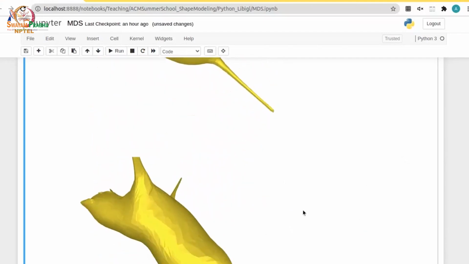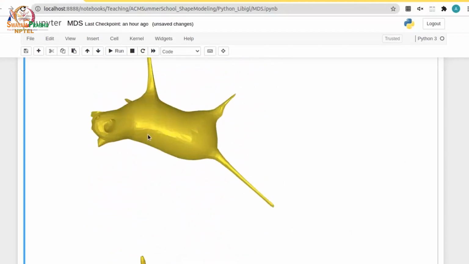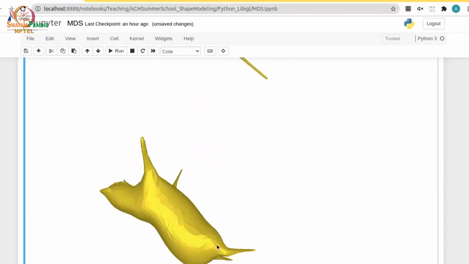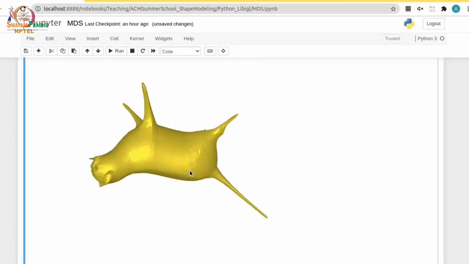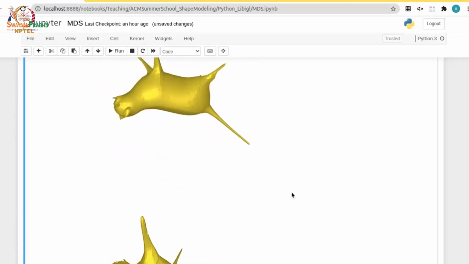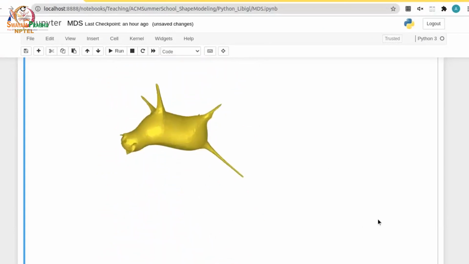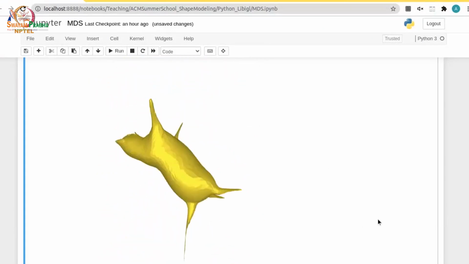For example, on the back, this looks fairly flat, while here it's still a little curved due to the deformation, but it's still trying to stretch it and bring both of these poses into an almost common pose, after which you can see that they seem to be more rigid deformations of each other than anything else. This and this.